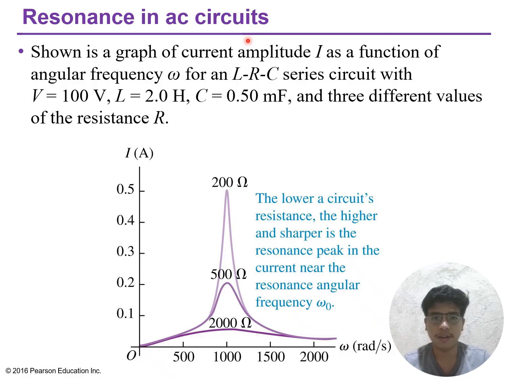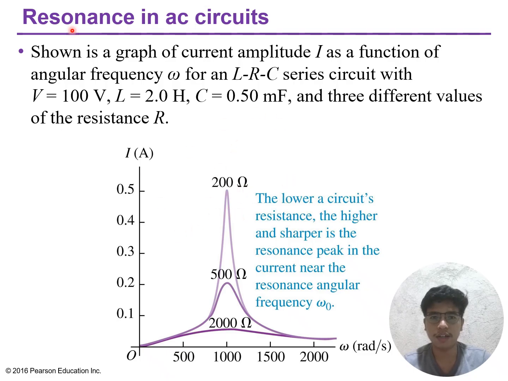All curves peak sharply at the same resonant frequency omega naught, where X subscript L is equal to X subscript C, but the peak height and sharpness vary dramatically with R. Lower resistance, the 200 ohms, produces the highest and sharpest peak.